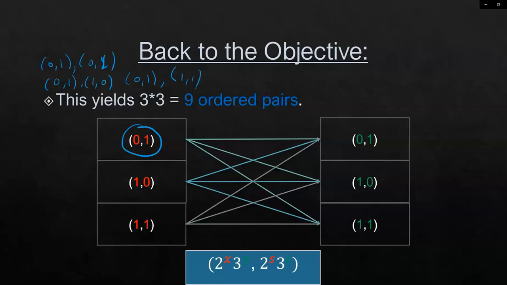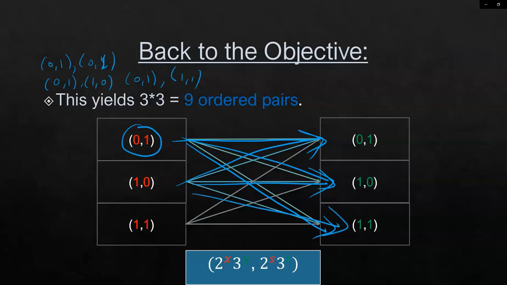This is 1 choice, 2 choices, 3 choices. Same for the next one, and same for the last one: 1, 2, and 3. So we have 3 choices from the first, plus 3 choices from the next, plus 3 choices from the last. So that's 3 times 3, which is, what did I write here? 9 ordered pairs.